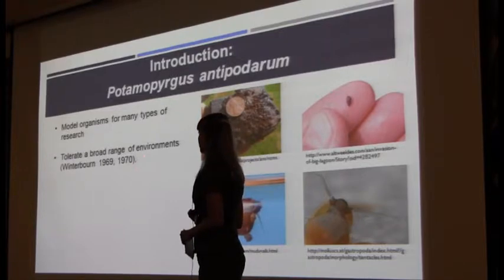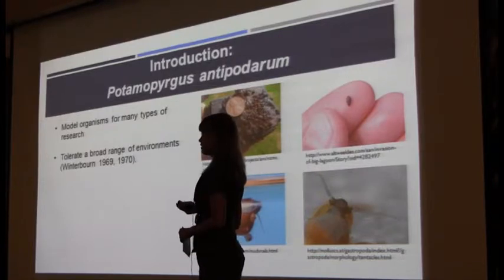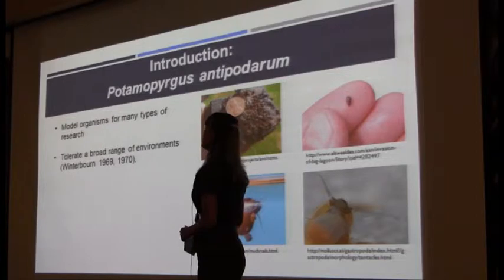It can tolerate a broad range of environments, which is part of the reason that it's been so successful in invading, because even though it's a freshwater mud snail, it's even able to survive in different salinities.